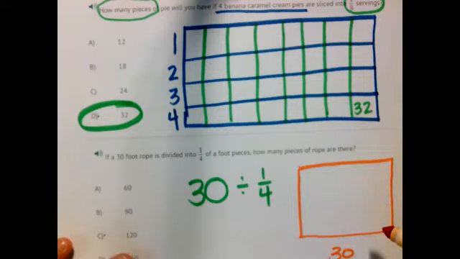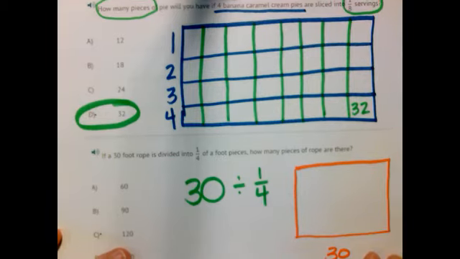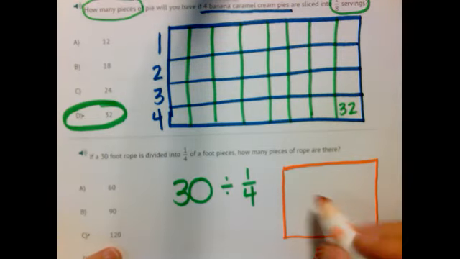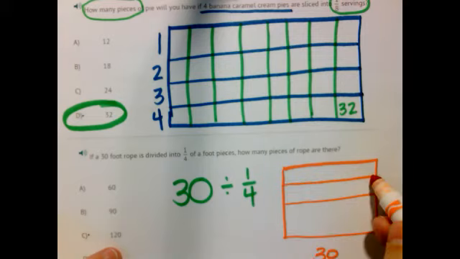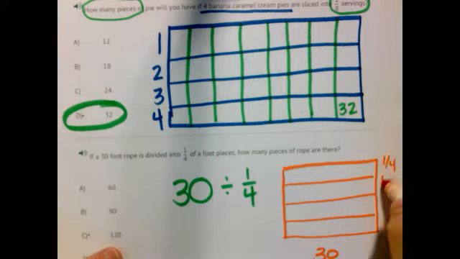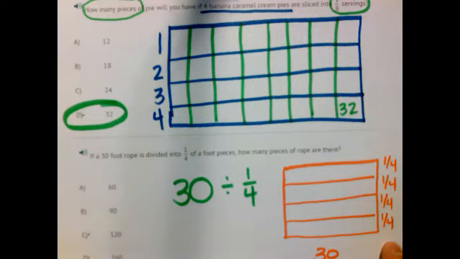And I think that's a great strategy, because if I had 30 boxes going this way, I'm not going to actually draw them out. And then I knew that I needed to slice each of those 30 feet of rope into 1/4 sections. How many pieces of rope would that give me?